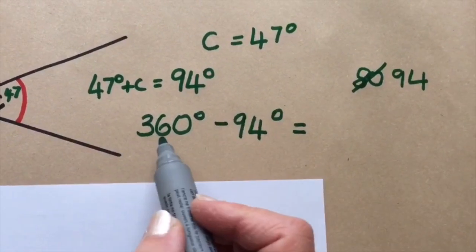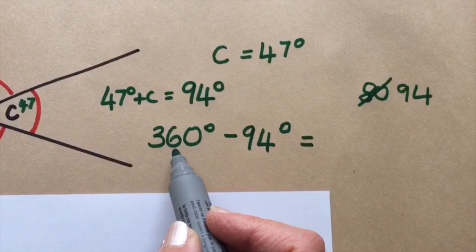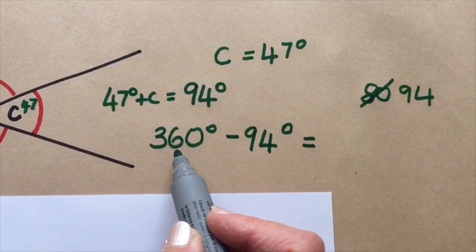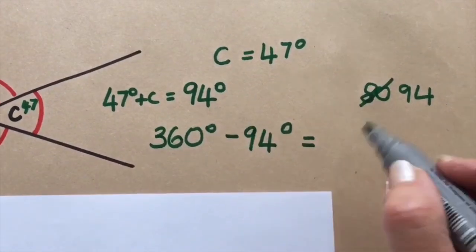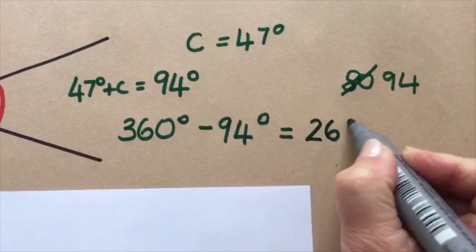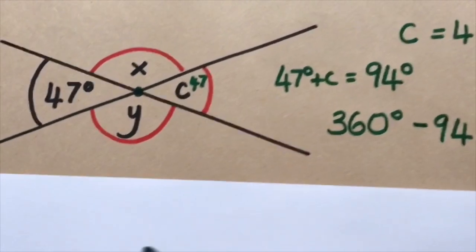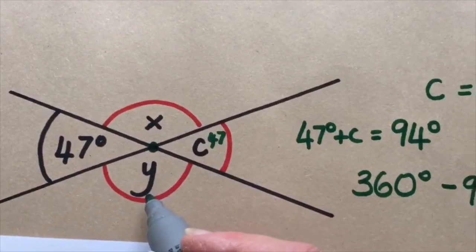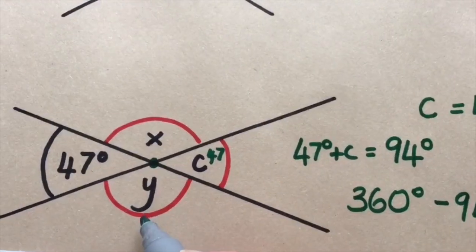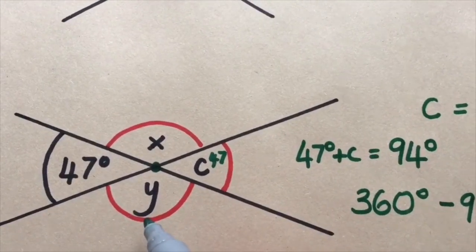So 360 minus 100 would be 260. 260, adjust it by adding the 6, gives me 266 degrees. So angle X plus angle Y in total is 266 degrees.